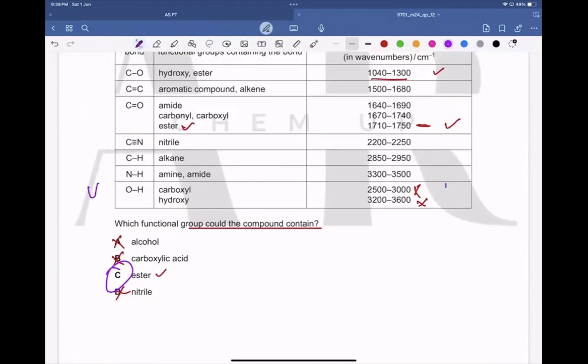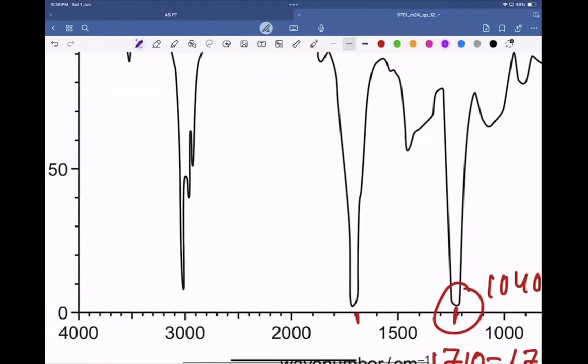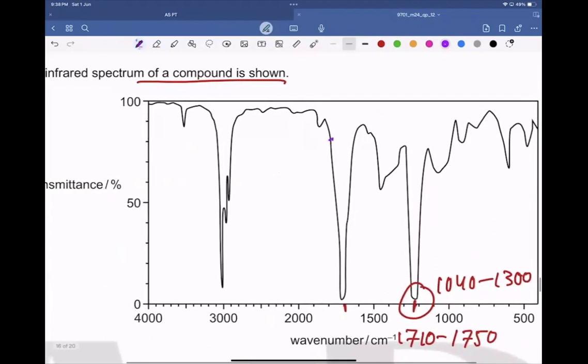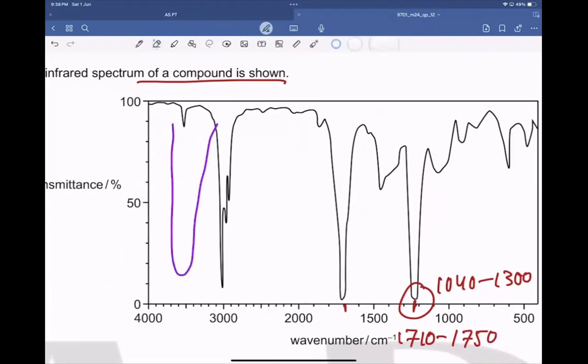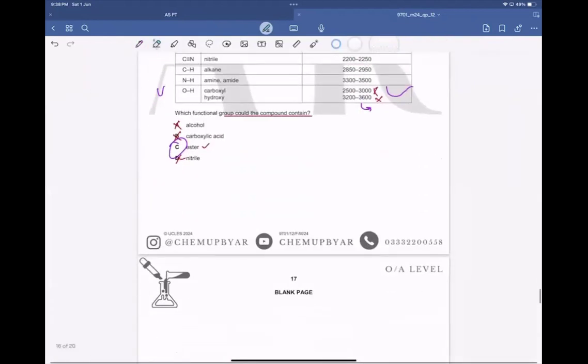This carboxylic acid peak has a shape like this, between 2500 to 3000. So there is no such peak over here. For carboxylic acid, you are going to observe a peak like this, and for alcohols, a more broader peak. So these two are missing. Now, is this clear to all of you?